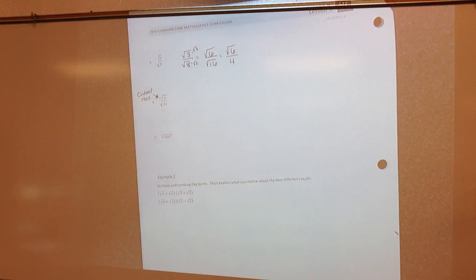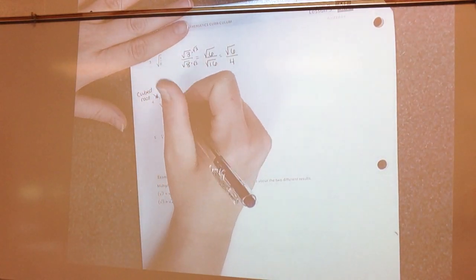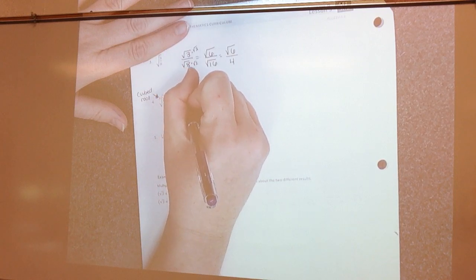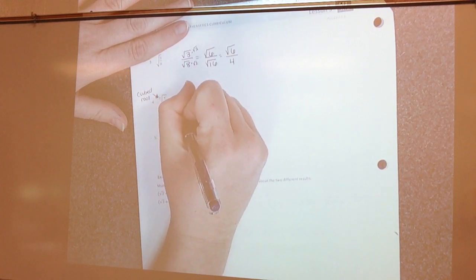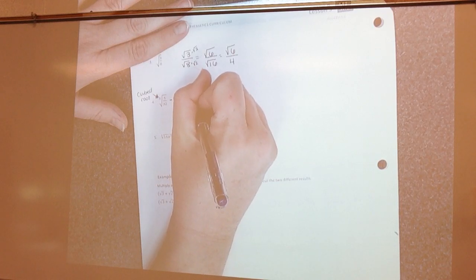I've got to figure out something that I can do to multiply here. What if, let's see, perfect cube. 32, 64. 64 is a perfect cube. So I'm going to multiply, let me rewrite this. I'm going to multiply by the square root of 2.